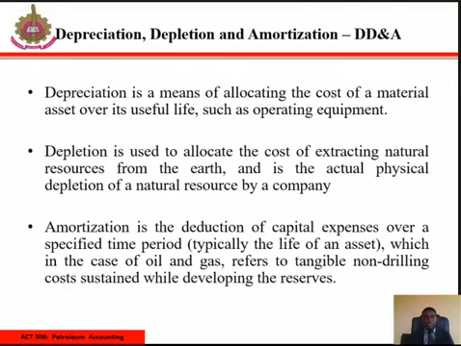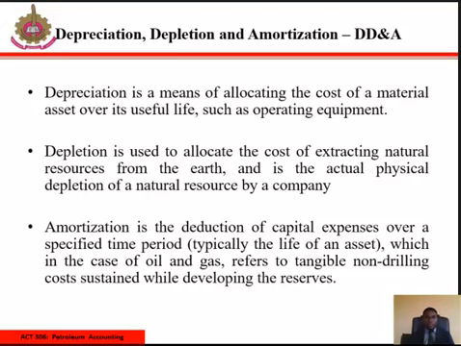Now, we have depreciation, depletion and amortization. That is what we refer to as DD and A. Depreciation is a means of allocating the cost of tangible assets over their useful life, such as operating equipment. Depletion is used to allocate the cost of extracting natural resources from the earth and is the actual physical depletion of a natural resource by a company.